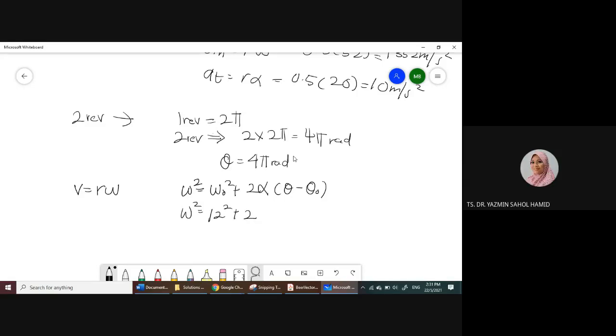Do we have alpha? 20. Do we have theta? 4 pi. Yes. And because it starts rotating from initial, our theta naught is usually 0. So then we can find omega. This is 144 plus 2 times 20, 40 times 4, 160 pi. So what is our omega?